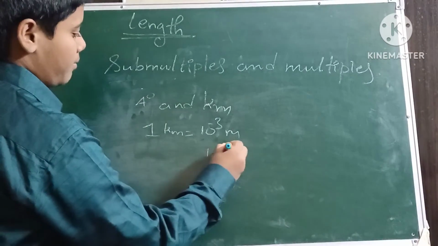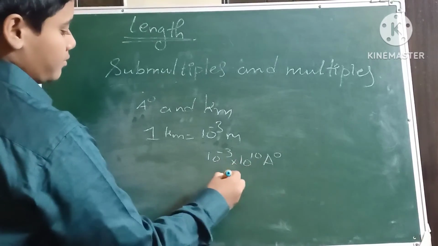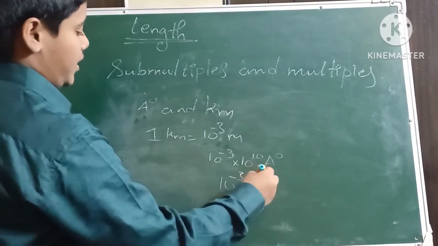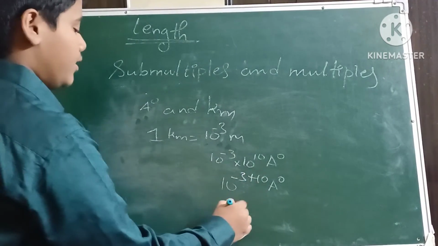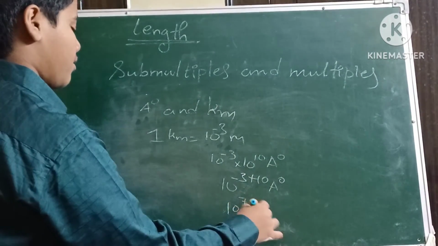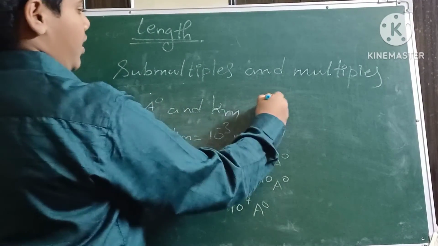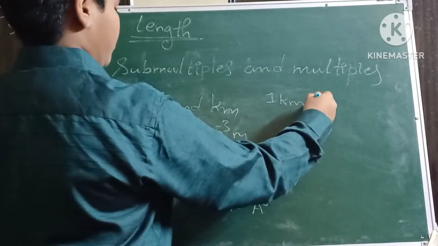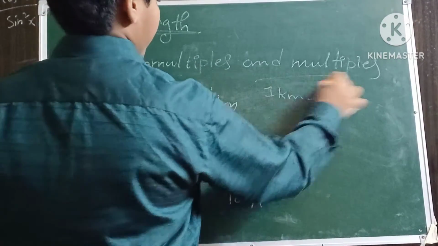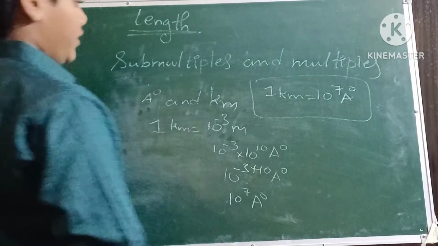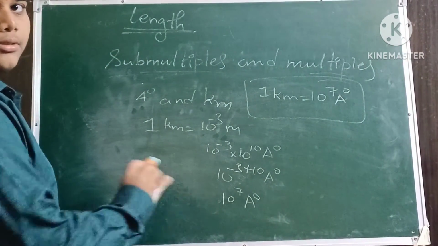So here 10 to the power of 3 into 10 to the power of 10 angstroms, and 10 to the power of 3 plus 10 angstroms. So 10 to the power of 13 angstroms. What is the relation between kilometer and angstroms? 1 kilometer is equal to 10 to the power of 13 angstroms. These are the submultiples and multiples of length. Okay?